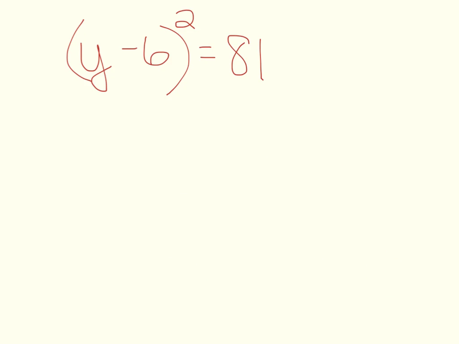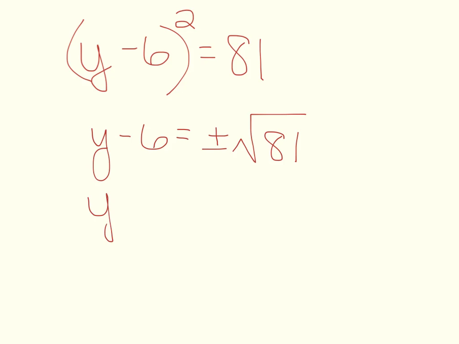So let's take a look at an example of something you would see. You have y minus 6 squared equals 81. So for this, you're going to take the square root of both sides using the square root property. And so you're going to have y minus 6 equals the plus or minus square root of 81.